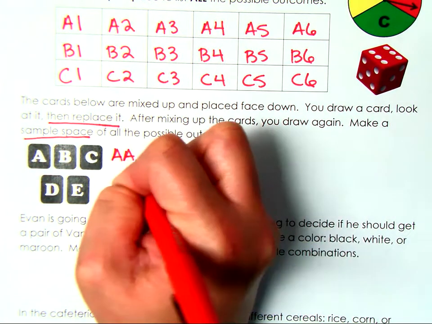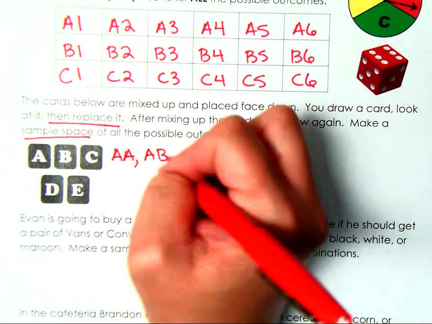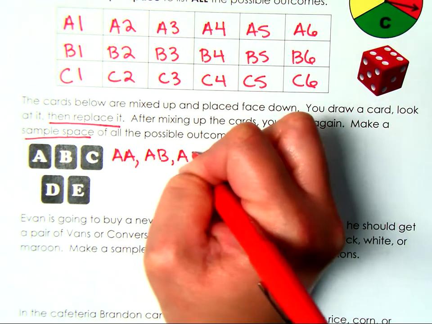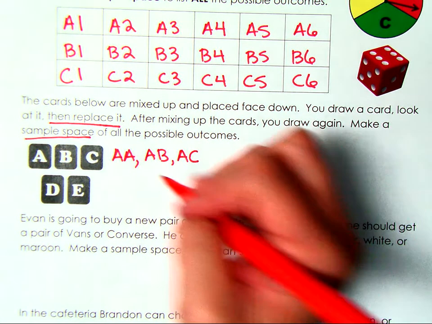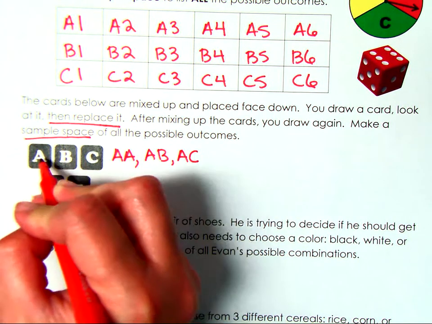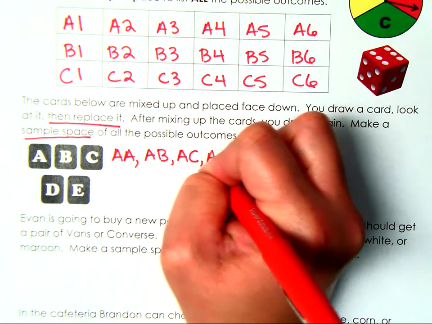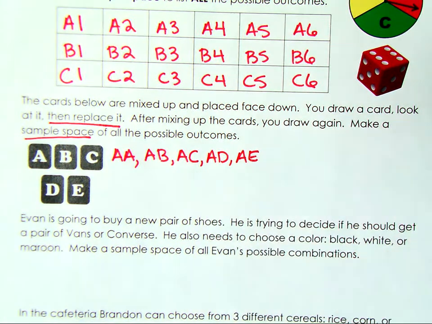Or you could draw that A and put it back and get a B. You can draw the A, put it back, and then the second card be a C. As you can see, you can kind of predict, we're going to go AA, AB, AC, AD, AE. We're looking at all the combinations. Those are all the combinations right there.